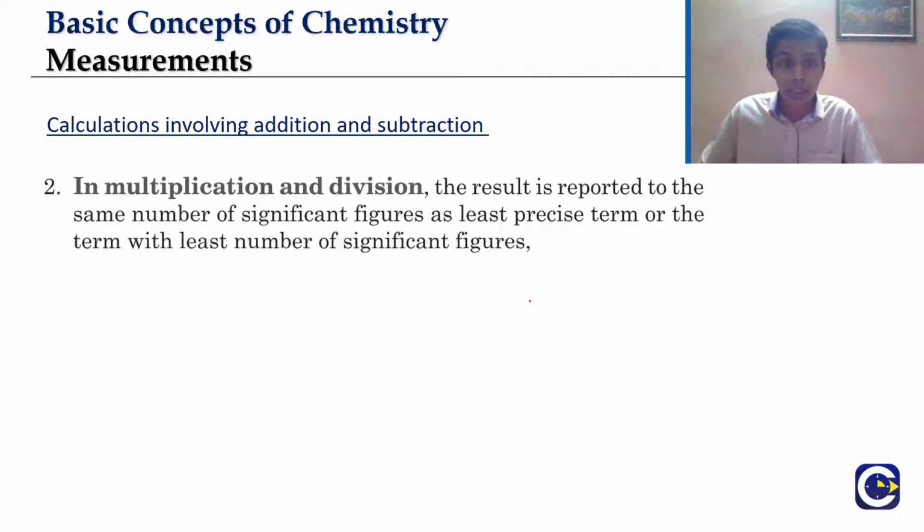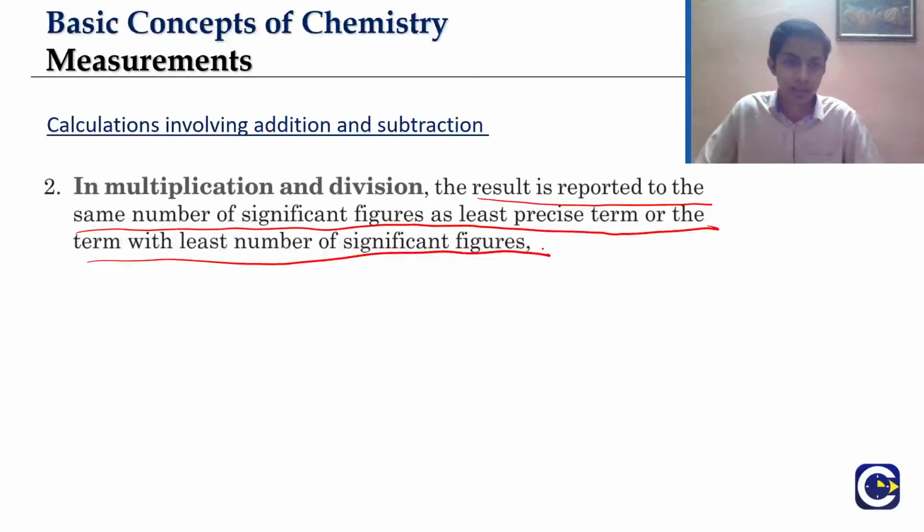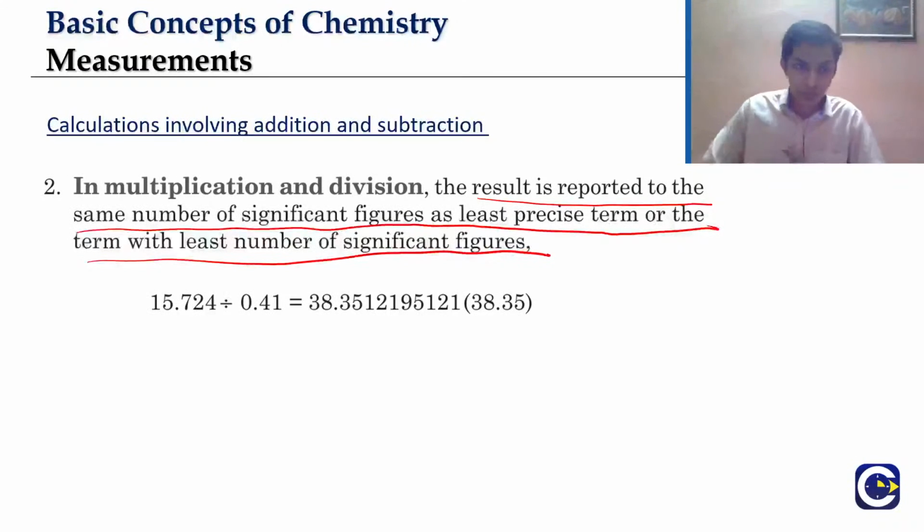Next, how to perform multiplication and division when we are considering significant figures. In that case, results should be reported in the same number of significant figures as the least precise term, or the term with the least number of significant figures. For example, 15.724 divided by 0.41. Which one is least, and what is its number of significant figures?